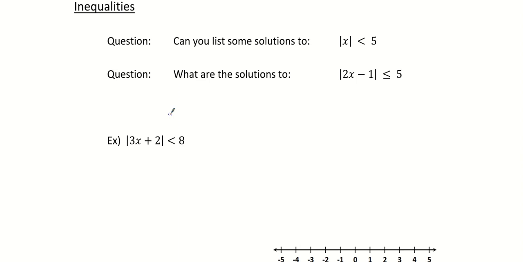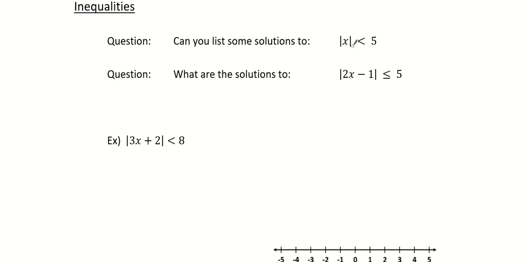So, all right, moving on to inequalities, the other part of this shindig. All right, here we go. What if we had absolute value involved in an inequality? Think about it. What number or numbers would make sense in here for x?